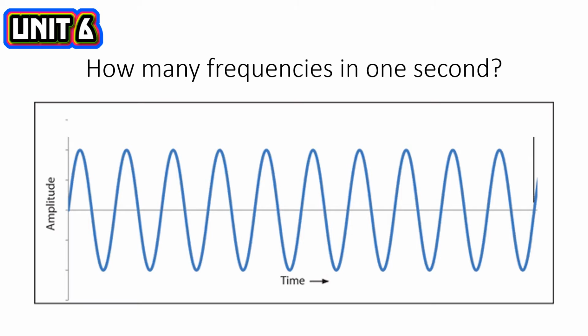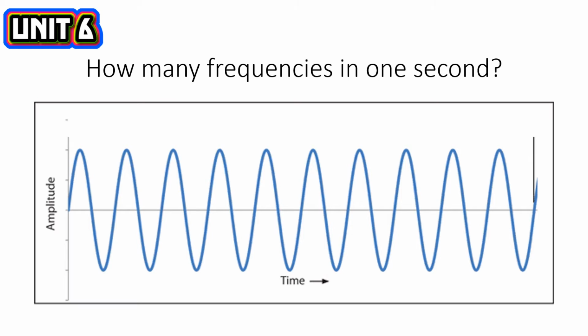Now let's try this example. How many frequencies are here in 1 second? You can pause the video, try to count, and see if your answer is correct. Okay, it's time to reveal the answer. As I told you, frequency refers to the number of crests.